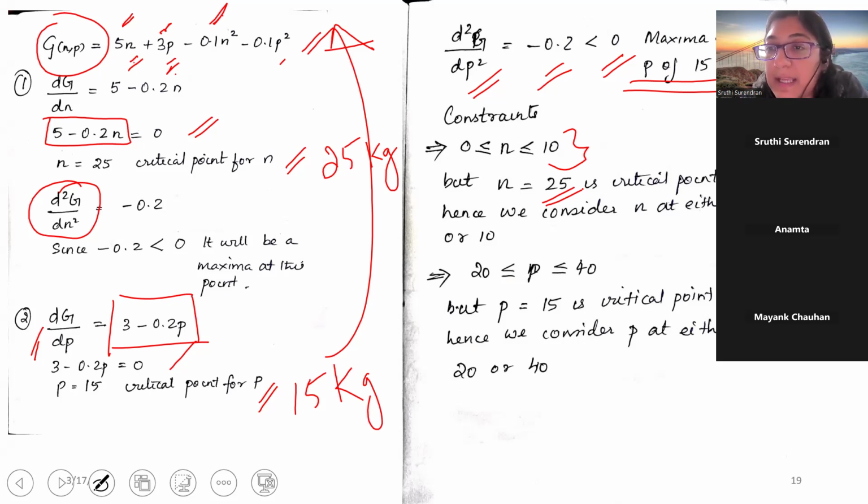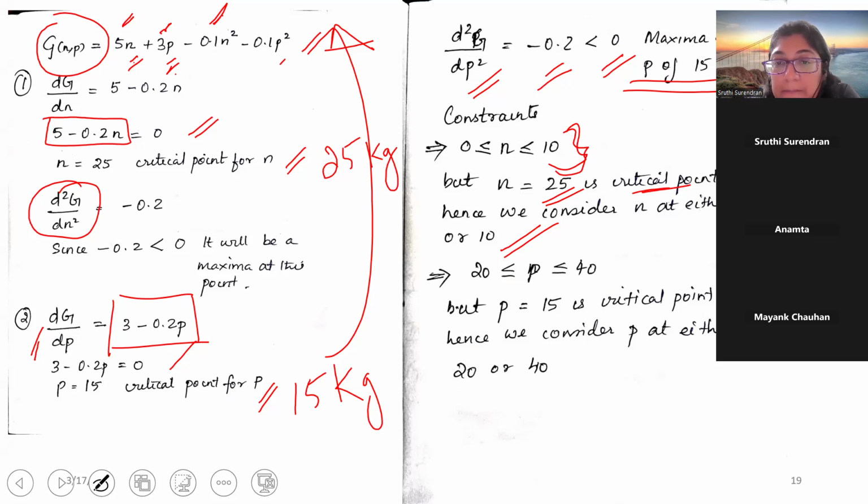So we either take N at 0 or N at 10. We don't take N at 25, the critical point, because by the equation, yes, it can give a maximum growth, but in reality, this much quantity is going to be toxic to the plant. So we constrain the value of nitrogen to 10 kilograms, or we also check the value at 0 kilograms.